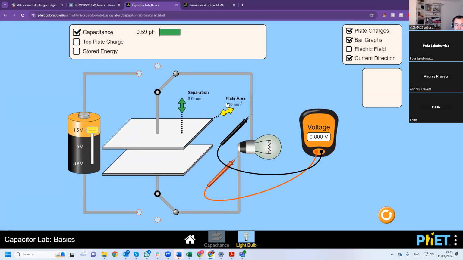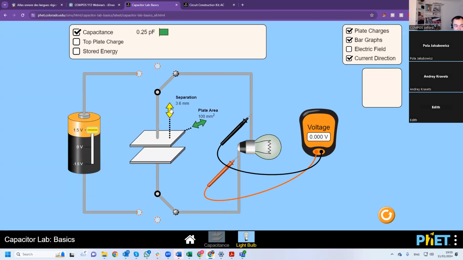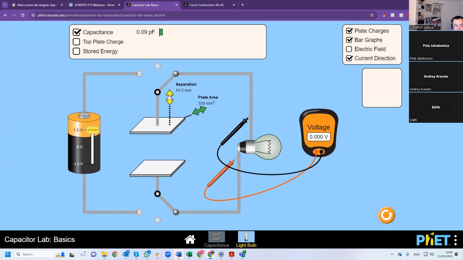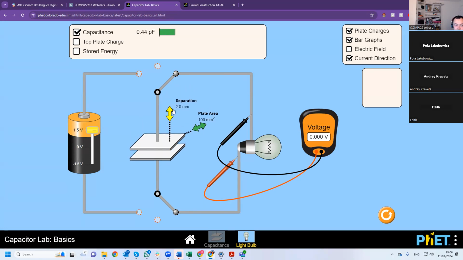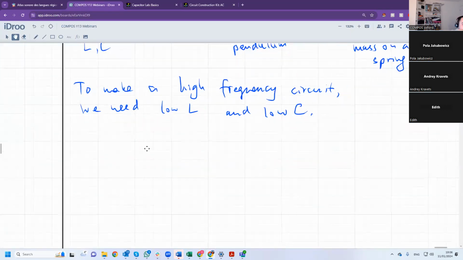If we move the plates closer, the capacitance increases, and if we move the plates further apart, the capacitance drops.